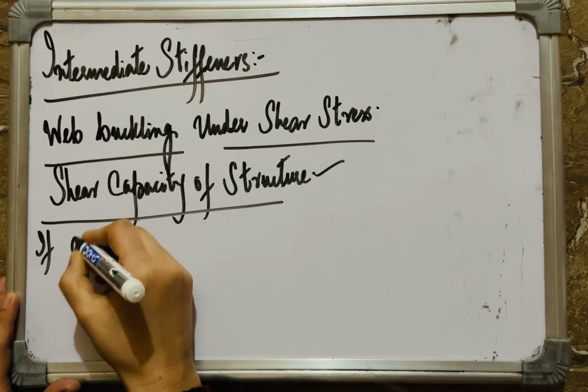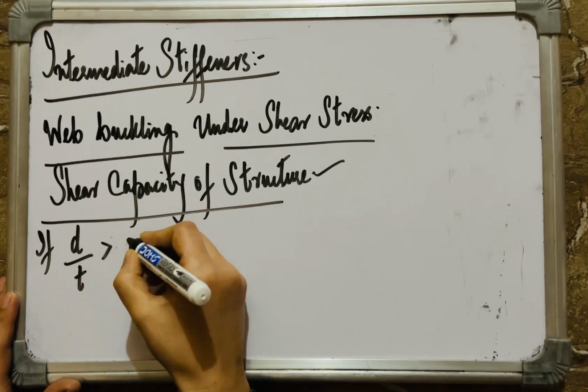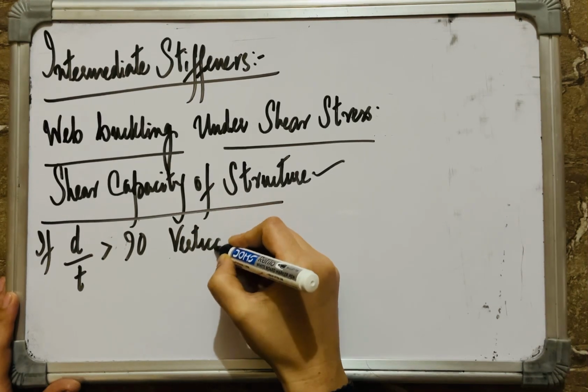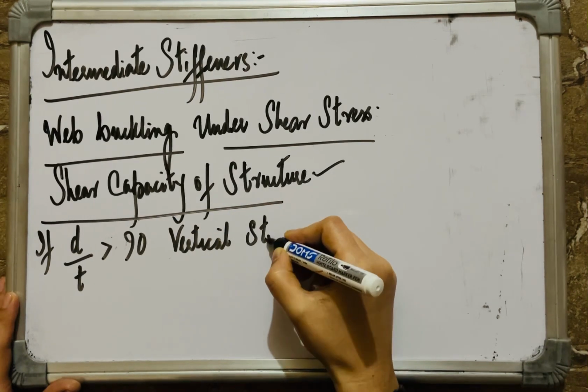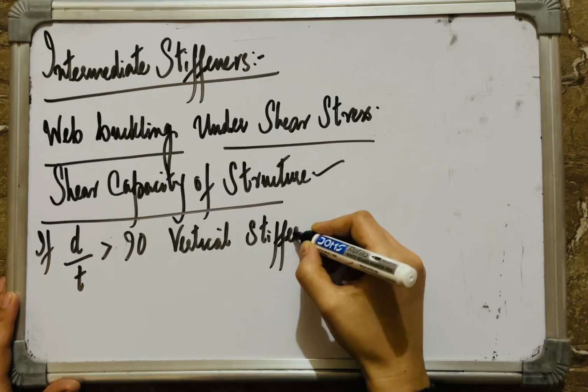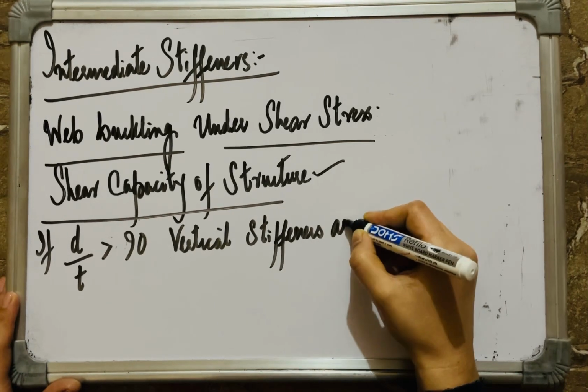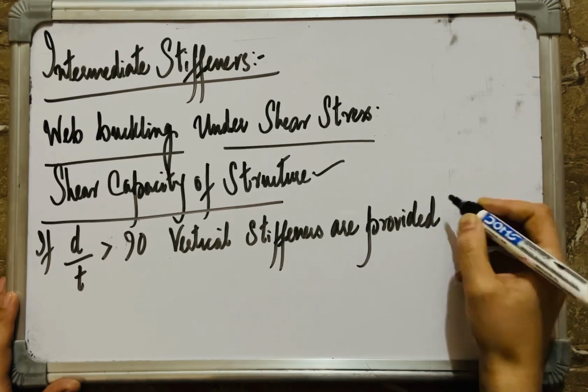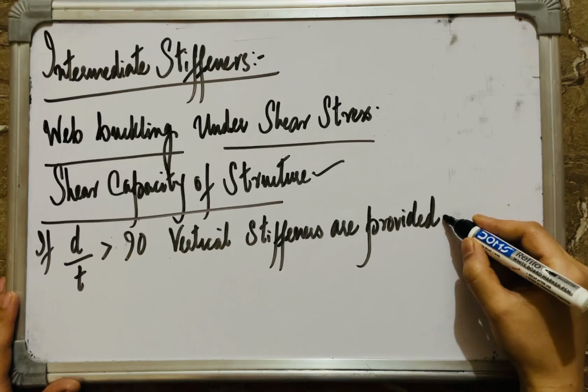If D by T ratio, please note this carefully, is greater than 90, vertical stiffeners are provided.